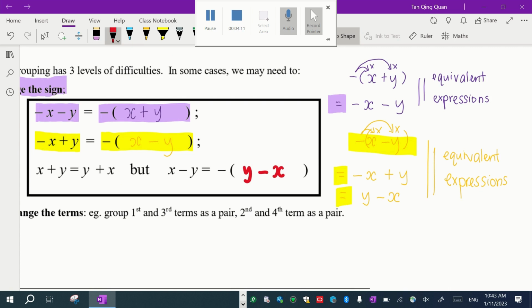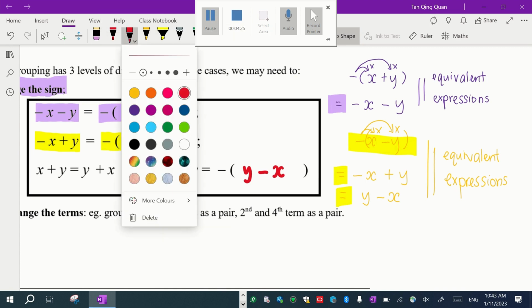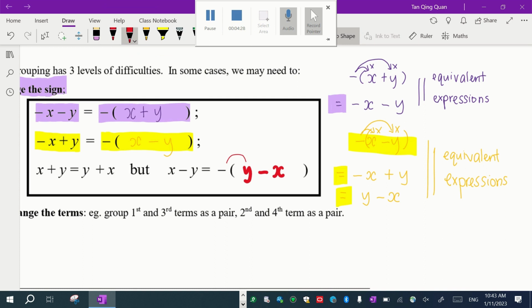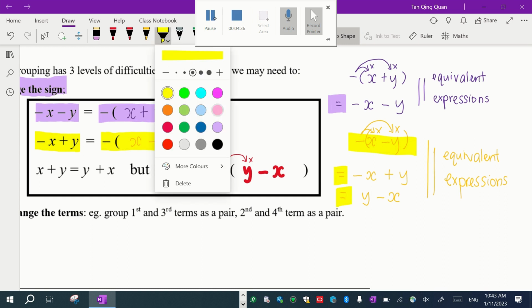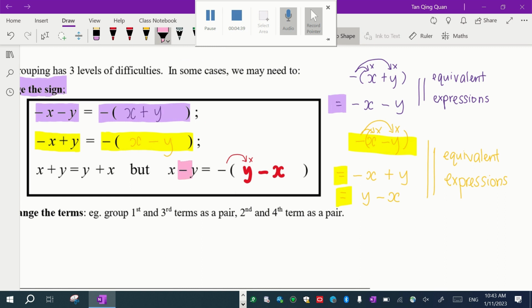Because if I expand and simplify the bracket as what I did for the first 2 points, you can then see that negative times positive will give me my negative y, and negative multiplied by negative x will give me my positive x.